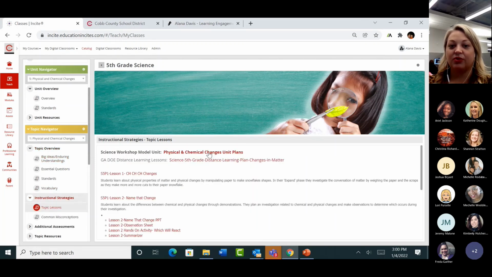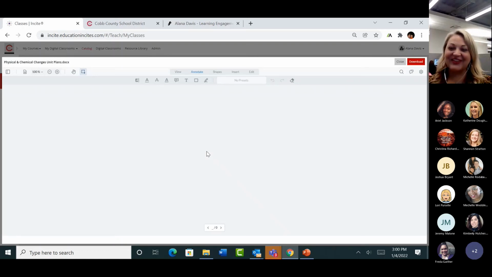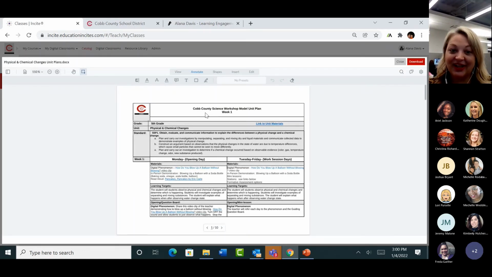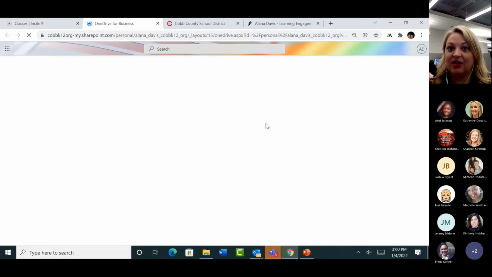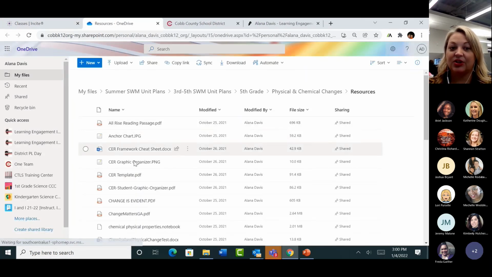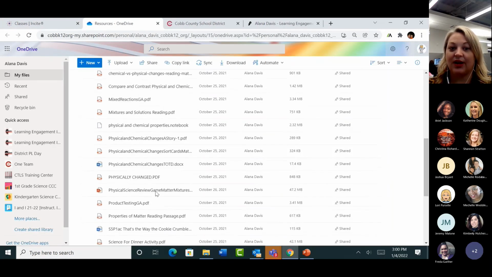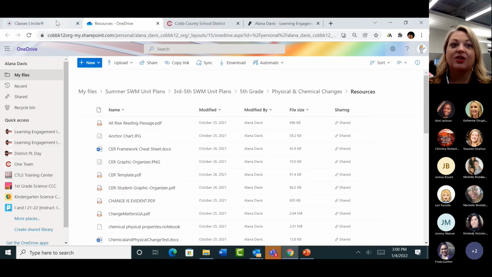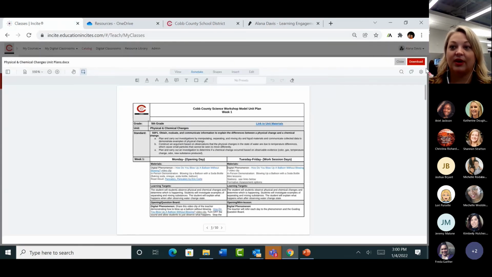Right here is your physical and chemical changes unit plan. Everything is linked. However, all of the resources that are blue down here will also be found at this link. So if you want to find any of the materials, it's all right here. Okay, so that is physical and chemical changes.